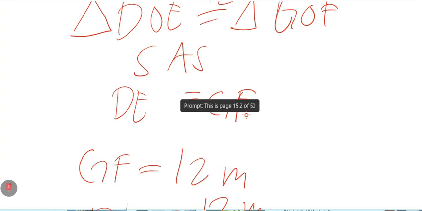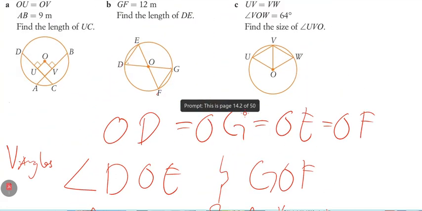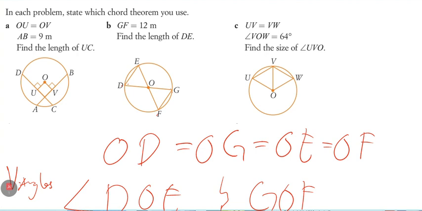So that is how we find the answer for the second one, B, using the theorems we have learned so far. Okay, that would be it for the second one.